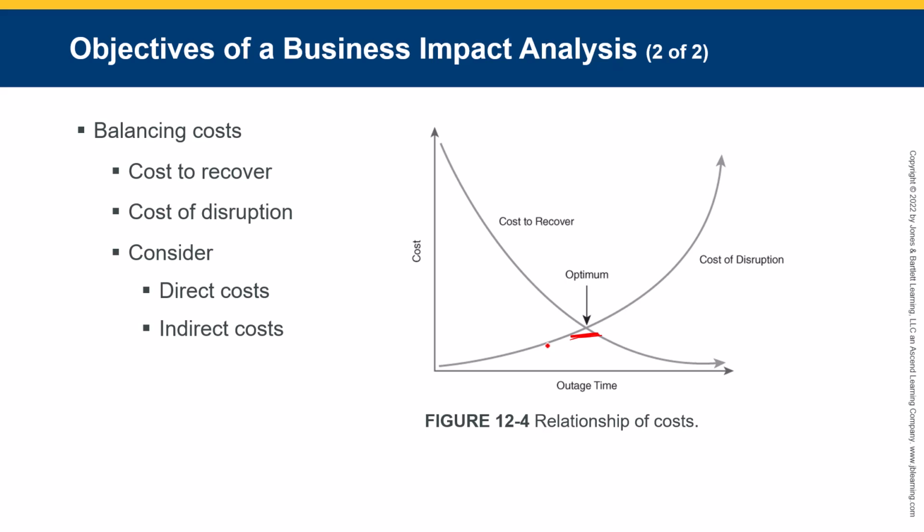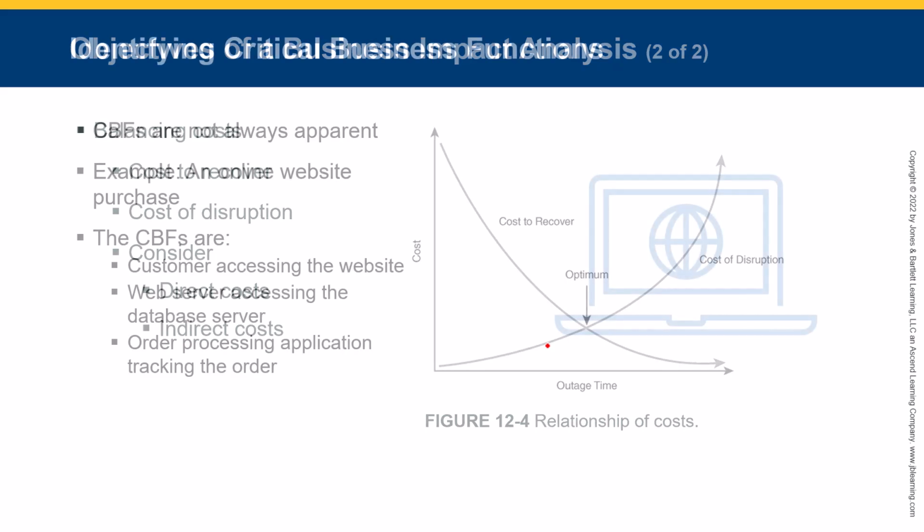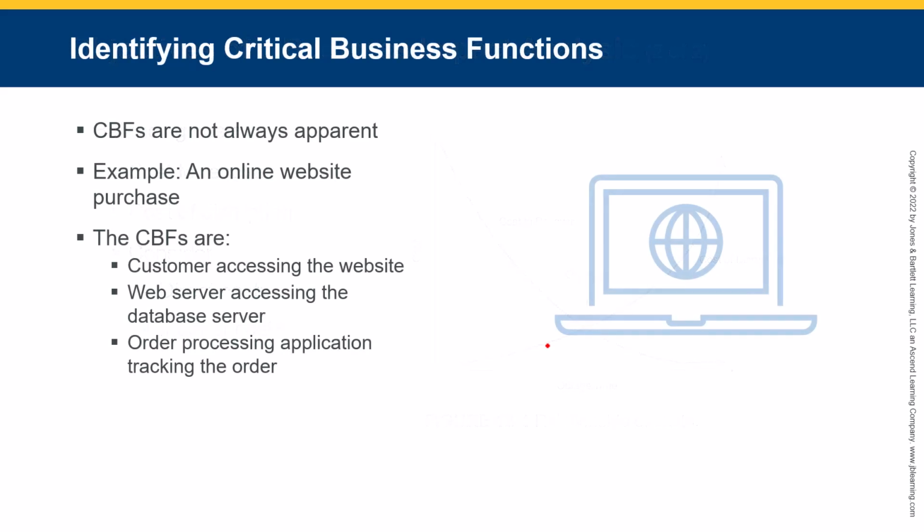That's a big thing when we're trying to figure out what is the optimum range. We have to figure out, well, what's the cost going to be? What's the cost of the outage? What's the cost of a prevention control? So we do need to identify the critical business functions. The critical business functions aren't always apparent. Sometimes they're underlying.